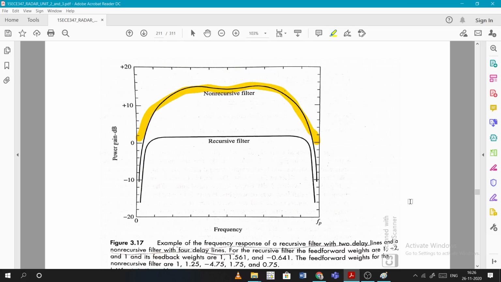The feed forward weights for the non-recursive filter are 1 and so on, all 4. So basically you can observe there are totally 4 inputs here. So recursive has 2 delay lines and non-recursive has 4 delay lines.